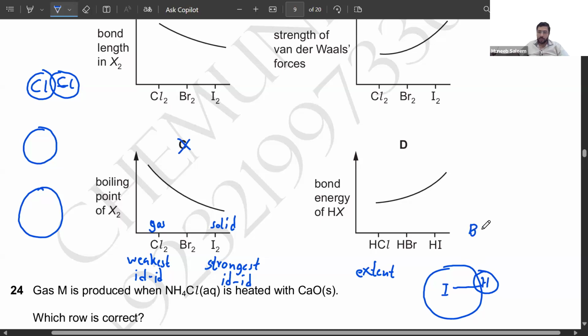Bond energy is inversely proportional to the bond length. We write like this: bond energy is inversely proportional to bond length. So hydrogen iodide does not have a high bond energy. Instead, it has the lowest bond energy because it has the longest bond length. So that's why D is wrong.